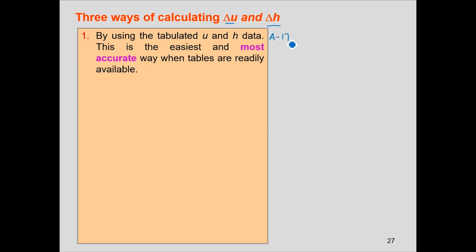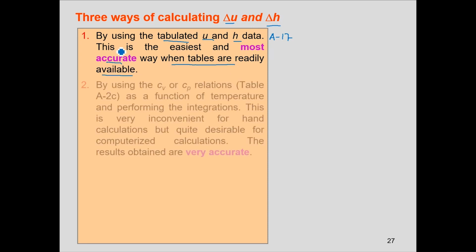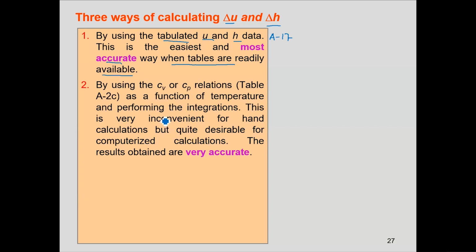For air it is A17, so you are using the tabulated values of U and H, which is the most accurate when tables are readily available. The second is by using the Cv or Cp relationships, table A to C, as a function of temperature and performing the integrations yourself, which is very inconvenient, but it is very accurate.